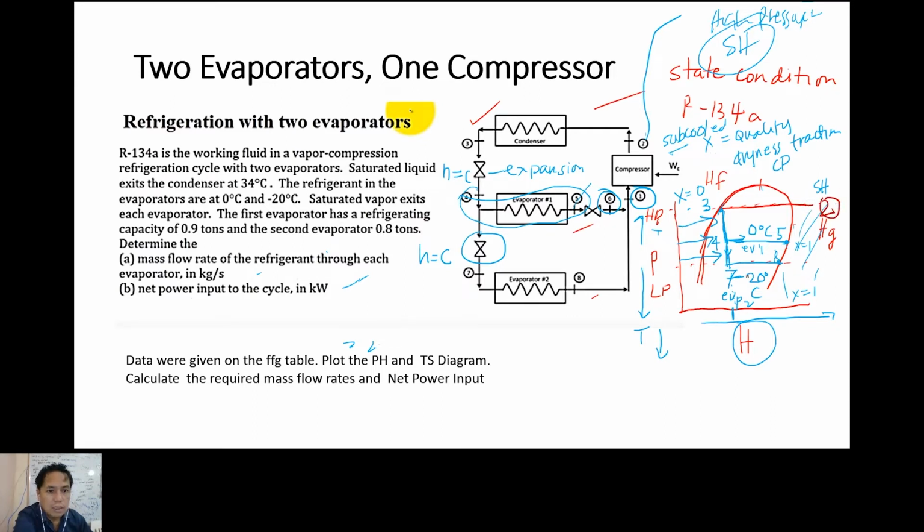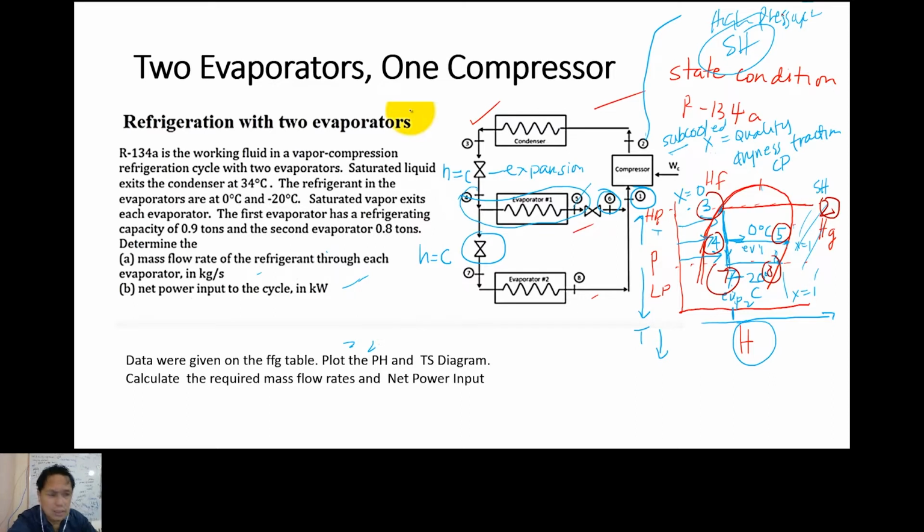Okay? Now, 2, 3, 4, 5. The other 6 is over there. 7, 8. What is remaining now, class? 6 and 1. Before you can draw it in the pH diagram, you always have to look back at the drawing.